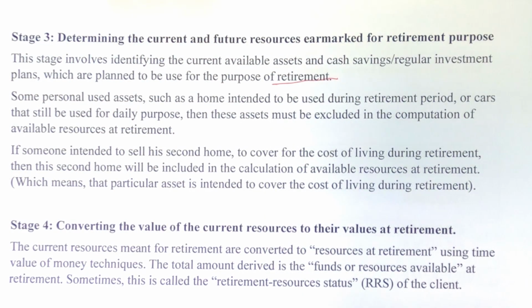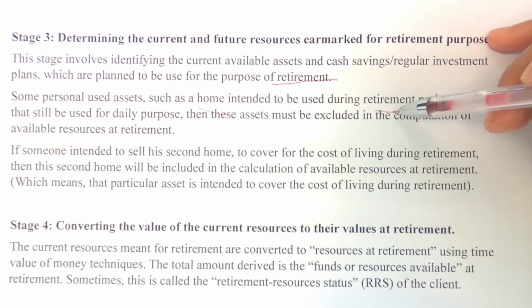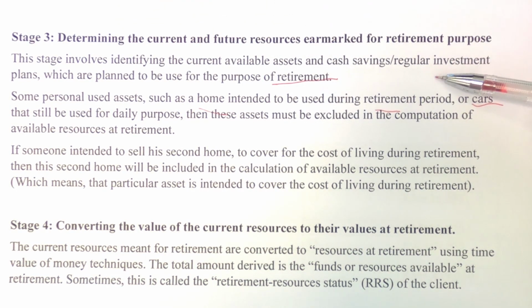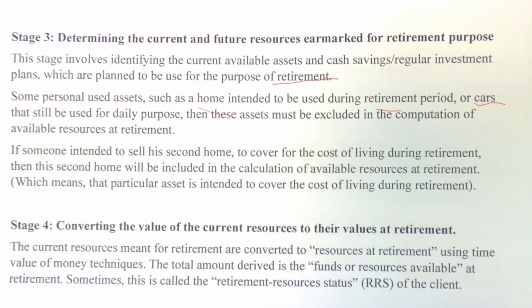Our clients might have some personal asset, for example, like home, that they want to use during retirement, or sometimes they have cars that they want to use during retirement. So all of these assets, the home, the cars that they want to use for the personal consumption, should not be included in the preparation of the list of assets or cash for the purpose of retirement.